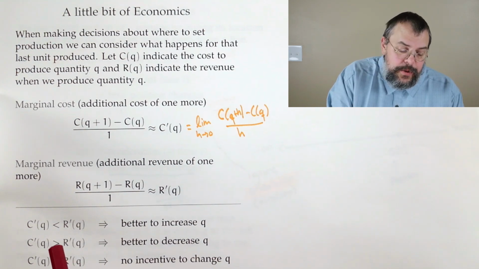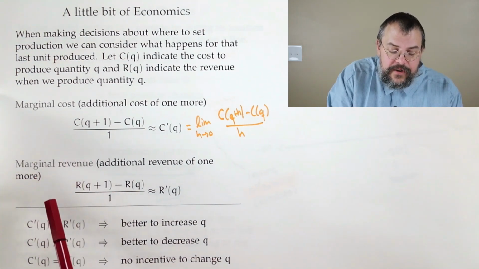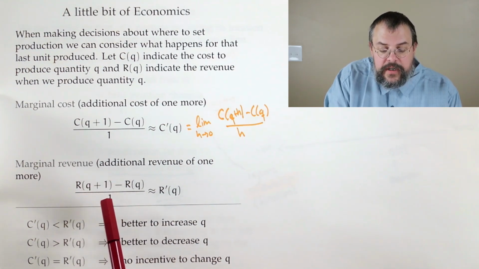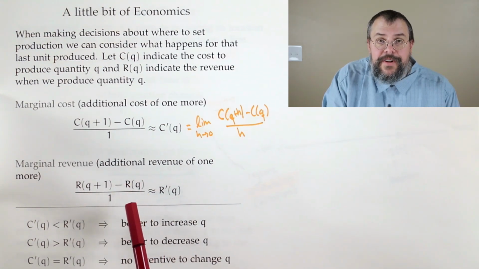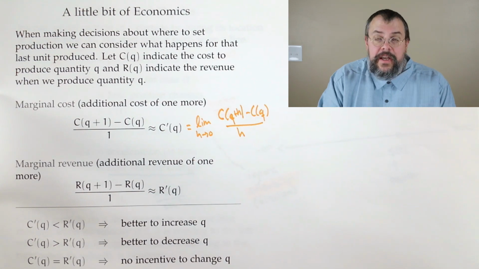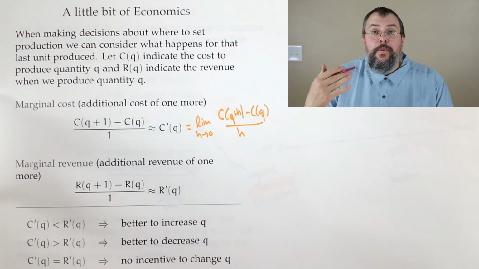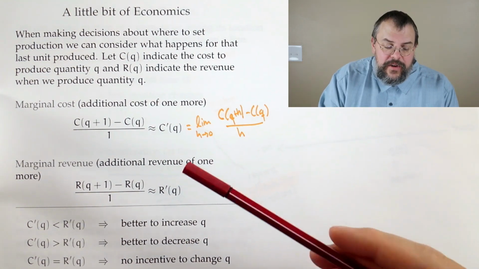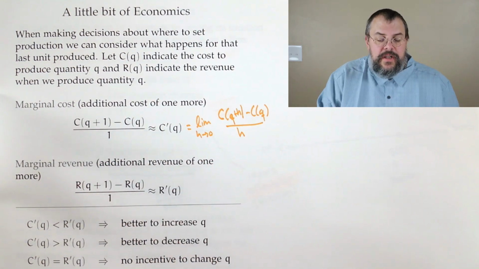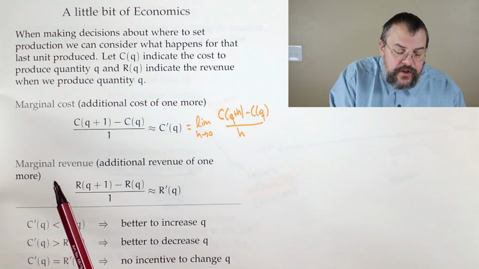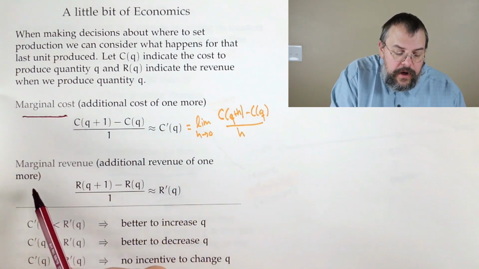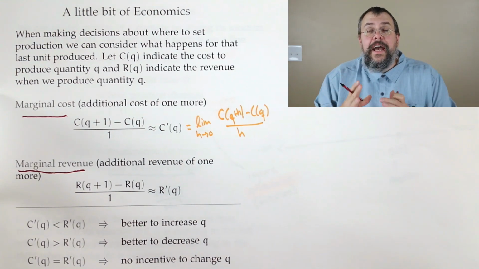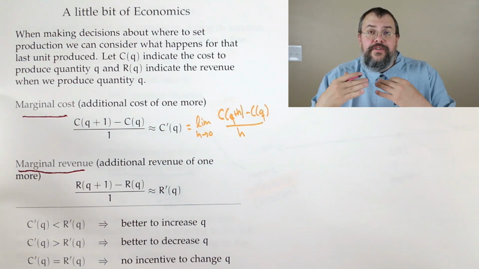How much do we earn? Well, that's the marginal revenue. So it's the amount we earn by making one more, subtract the current amount, divide by 1. And again, same reasoning. We can say, well, that's about the derivative at Q. So when you hear the word marginal, marginal cost, marginal revenue, it says what happens on the very, very edge of what we're doing, and the moral is we can take the derivative.